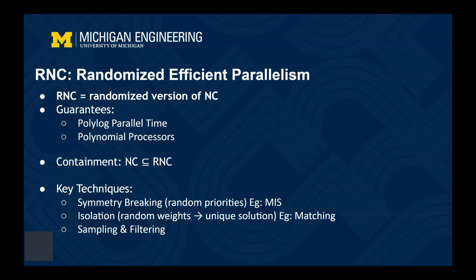Three recurring ideas are symmetry breaking, isolation, and sampling. For example, symmetry breaking lets processors avoid making identical choices. Isolation uses random weights to make one desired solution unique with high probability. Sampling reduces the problem size while preserving enough structure to keep working in parallel.